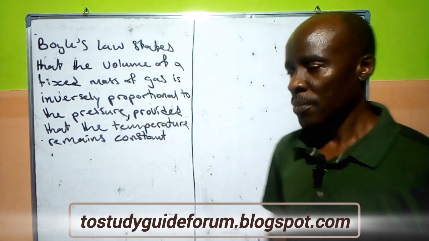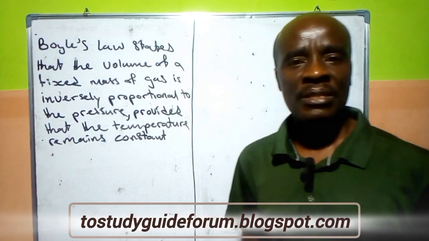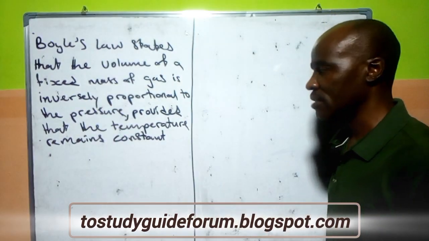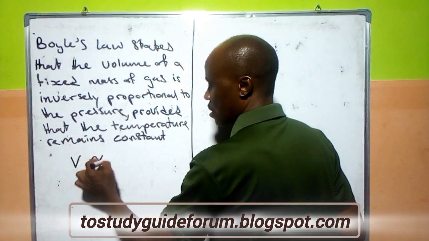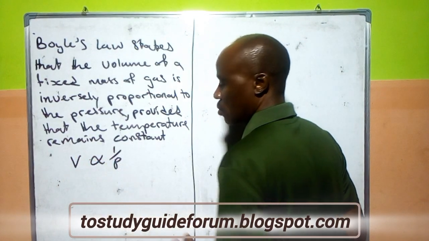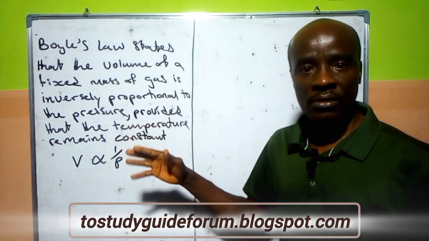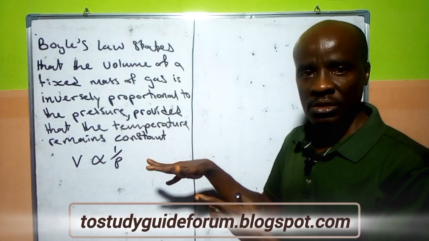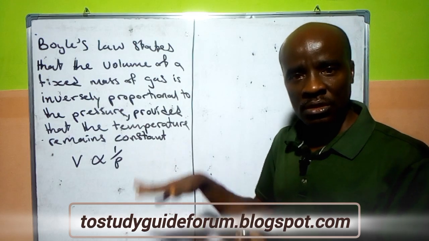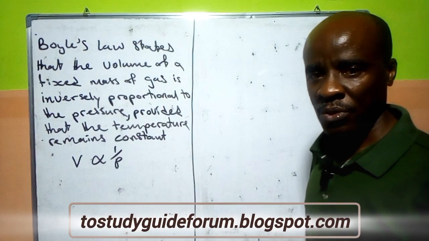So if we're going to be looking at it mathematically, what it simply means is that volume is inversely proportional to pressure, which means if the volume increases, pressure will decrease. If pressure increases, volume will what? Decrease. That's just what we mean by inversely proportional.